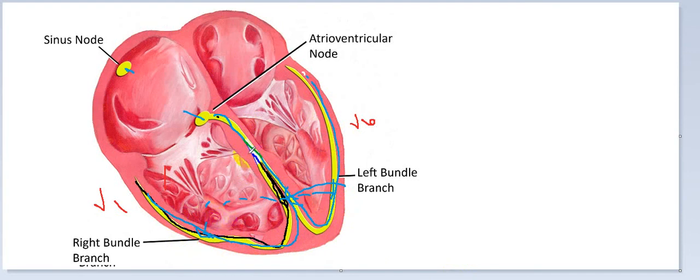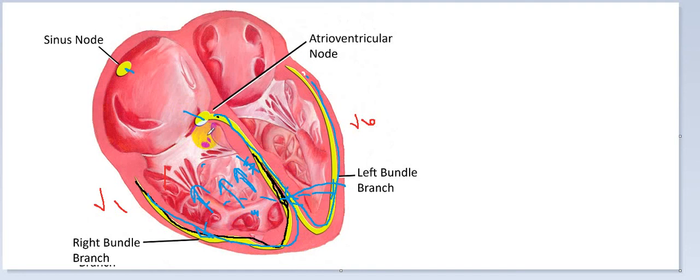It lies very close to the subendocardial surface of the right ventricle, so it can have damage easily when there is an increase in right ventricular pressure. Damage can happen easily to the right bundle branch, and such damages can occur due to pulmonary hypertension, pulmonary embolism. And the right bundle branch is supplied by septal branches of the left anterior descending artery.